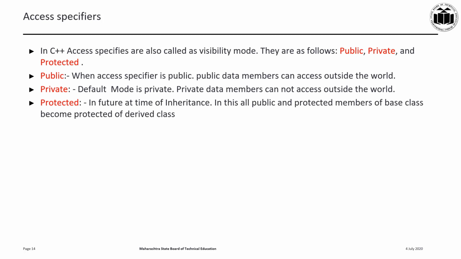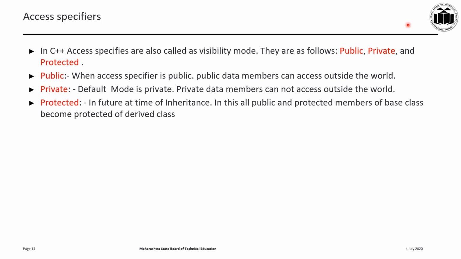So in C++, access specifiers are called the visibility mode. They are public, private and protected. Now in your second unit, you have only public and private. Protected you will see in unit 3. So what do you mean by public access specifier?